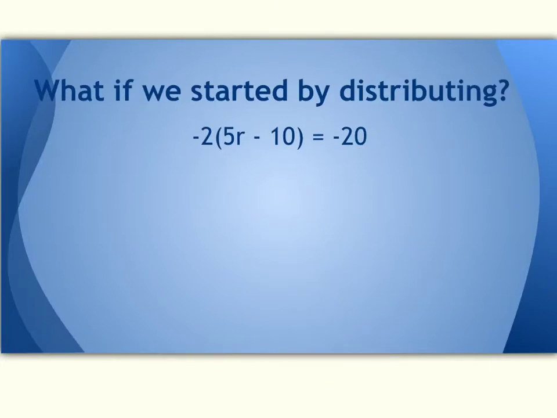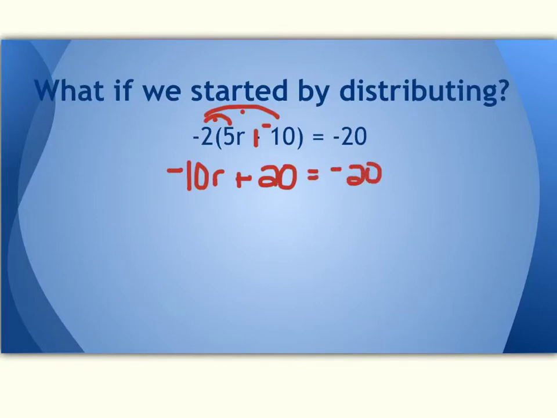What if we started by distributing first? I mean, I see distribution in the problem, so what happens if I do that instead? So I'm going to add the opposite this time first just because I see there's another negative and I don't want to get confused. And then I'm going to distribute. The negative 2 times 5r is negative 10r plus negative 2 times negative 10 is positive 20 equals negative 20.